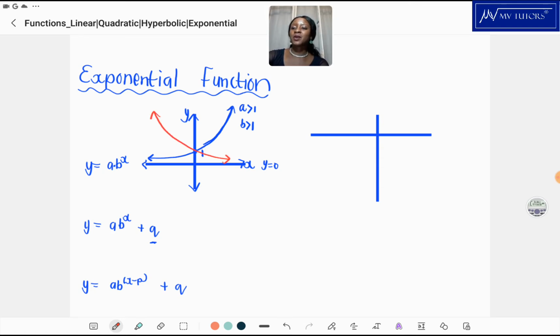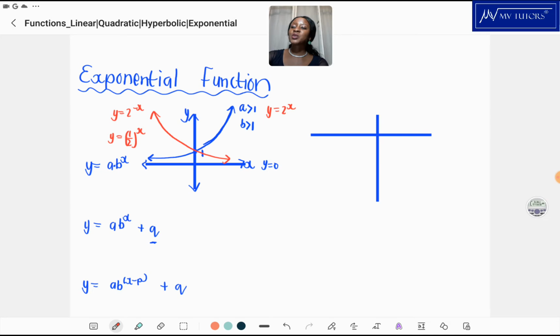Maybe typical examples would be y equals 2 to the power x, which is when a is bigger than 1 and b is bigger than 1. But on this side, where you have y equals 2 to the power negative x, it's commonly written as y equals a half to the power x. Remember, 2 to the power negative 1 is actually a half.